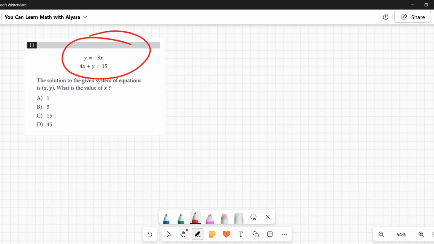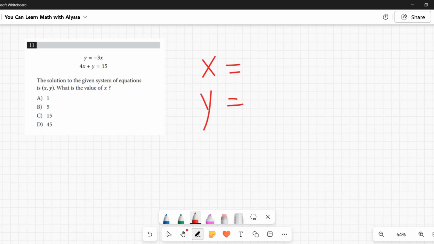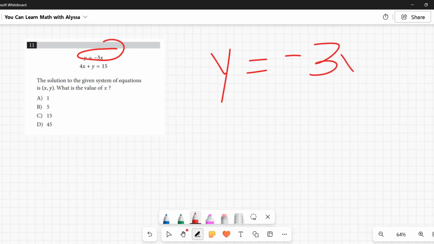For substitution, you want either the x or the y to be isolated. So you pick one of the two given equations and manipulate it so it's either x equals something or y equals something. Here they've already done that, which is why I immediately went to substitution. This already is in that form: y equals negative 3x.